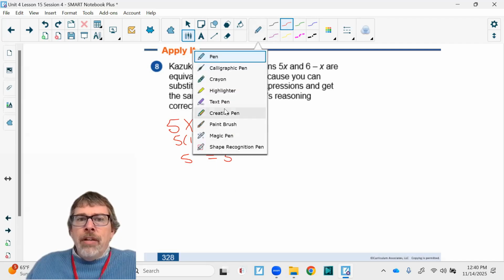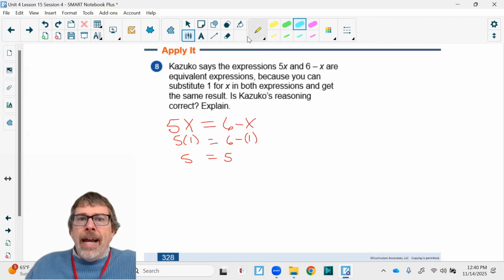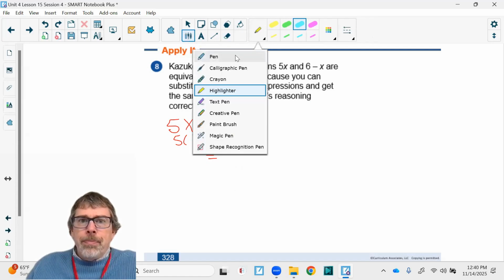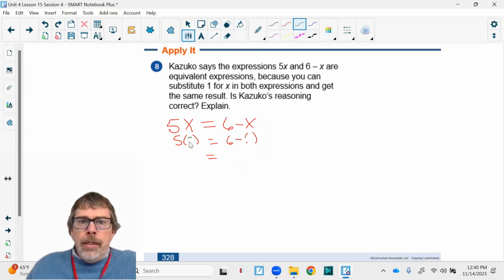So if they're equivalent expressions, it has to be true for any number we plug in. So I'm now going to just simply change this to a 2. Okay, so if I substitute in a 2 now, here and here, 5 times 2 is 10, 6 minus 2 is 4. Okay, so Kazuko's reasoning is definitely not correct.